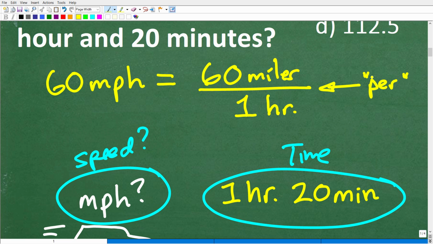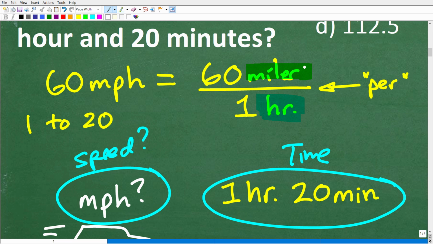If you have something and you're using the word to, like one teacher to 20 students, this is a ratio. I'll explain why here in just 1 second. So 60 miles per hour is a rate in mathematics. Now, why is that? Because we have a fraction where the numerator and denominator are completely different units of measure.